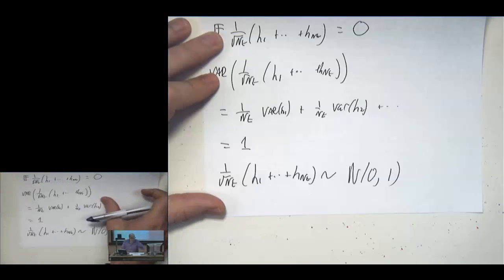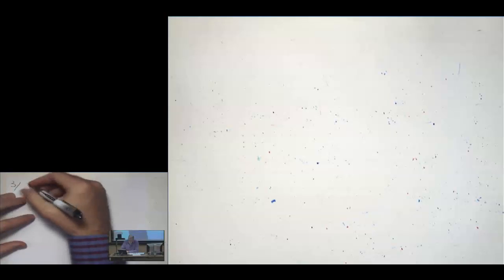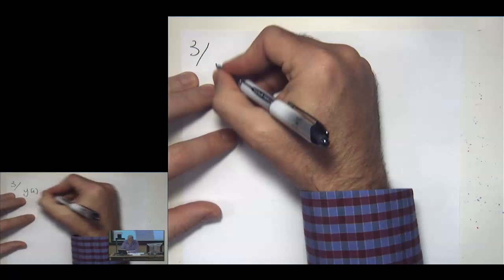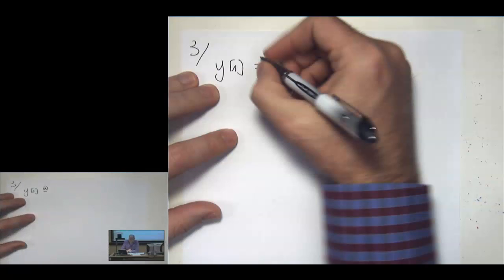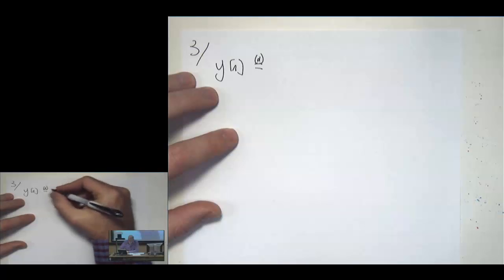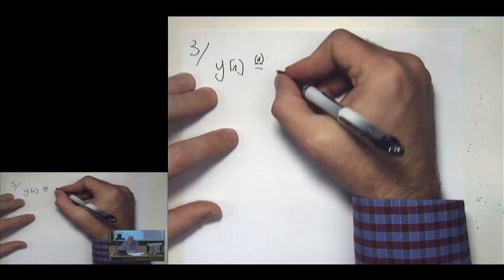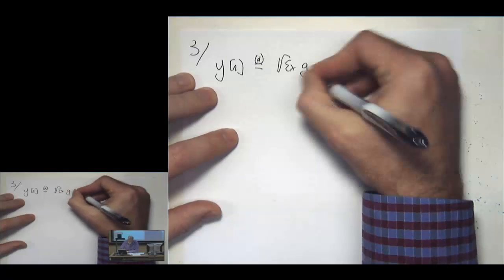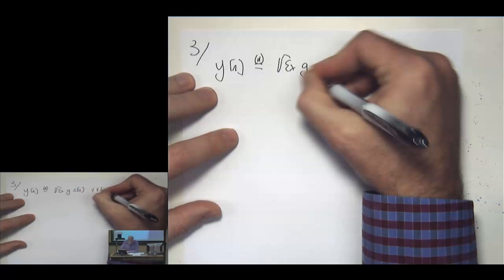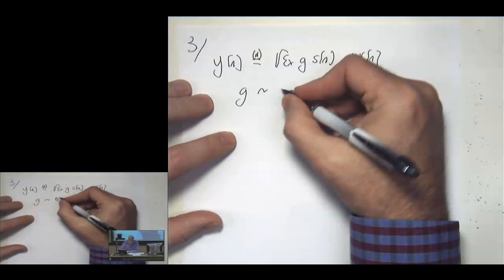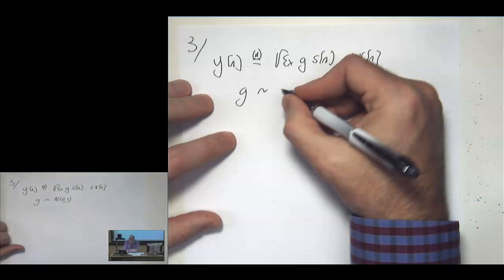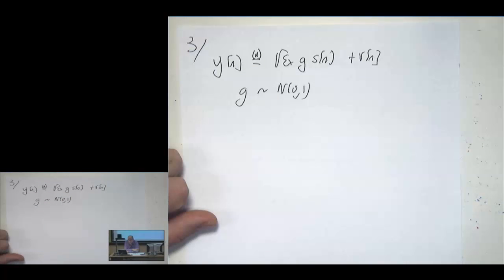So we can then rewrite the input-output relationship as y of n, and you see this a lot in the literature, this equality in distribution, is equal to square root of Ex times g times s of n plus v of n, where g is my new channel coefficient, and that's CN(0,1). Now, we have already studied this case extensively.